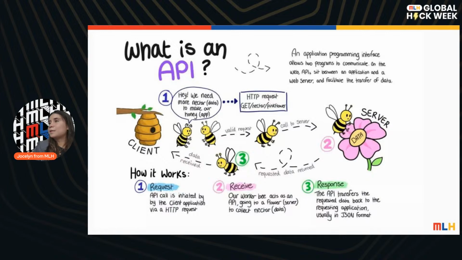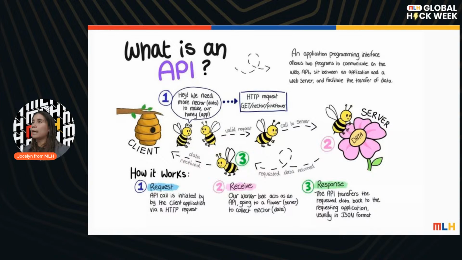I would say it's really self-explanatory, and you can model an API like a beehive and your working bees. You start on the first step, which is the client, basically your honeycomb over here. These first bees are saying, "Hey, we need more nectar to make our honey." In this case, the nectar is data, and honey is your application. Then that message is transferred.